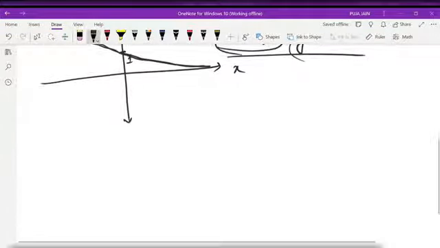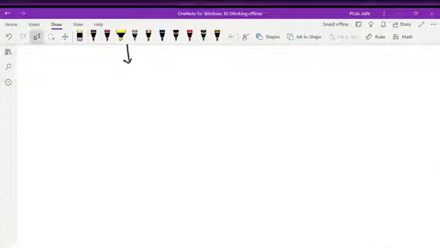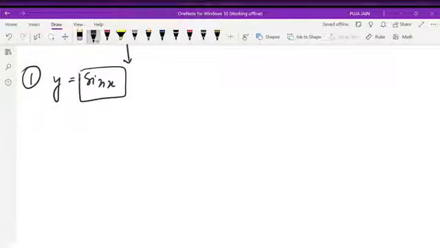Now, you see next we will do our sine and cosine, that is our trigonometric functions. Suppose we are taking first sin x. Y is equals to sin x. Now you see the maximum and minimum value of sin x is what? Plus 1 is the maximum and minus 1 is the minimum value, right?